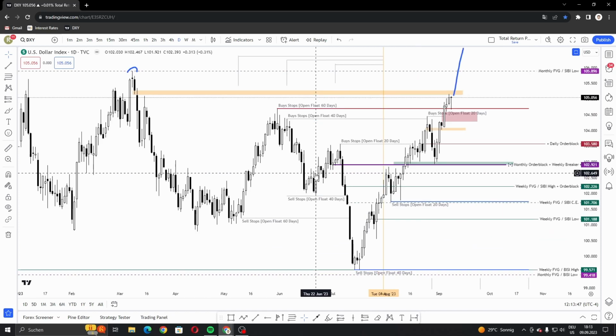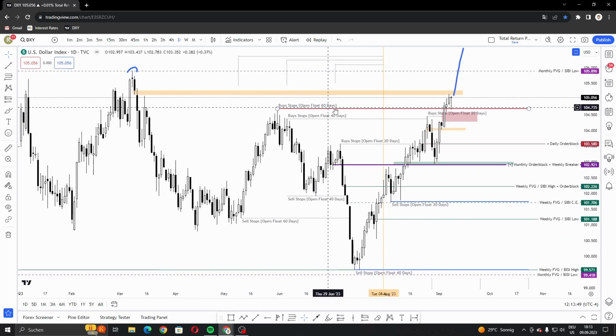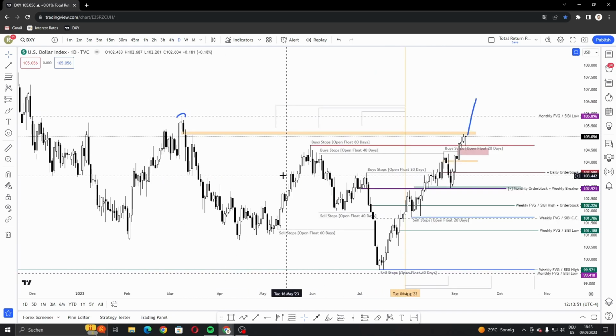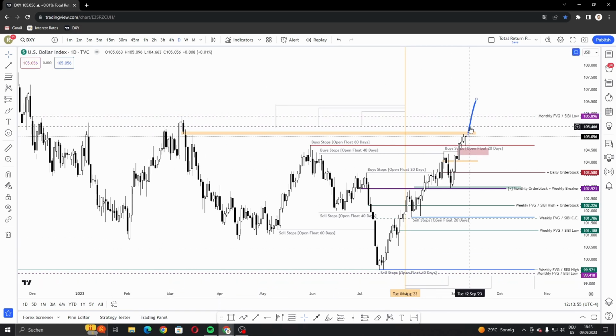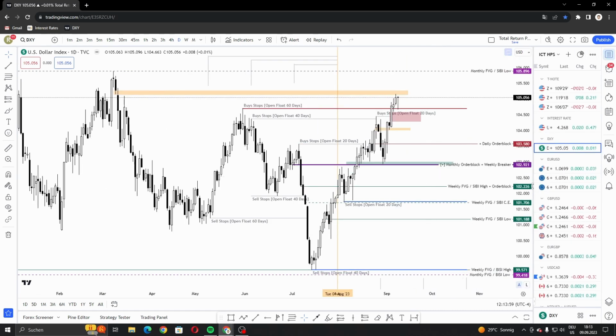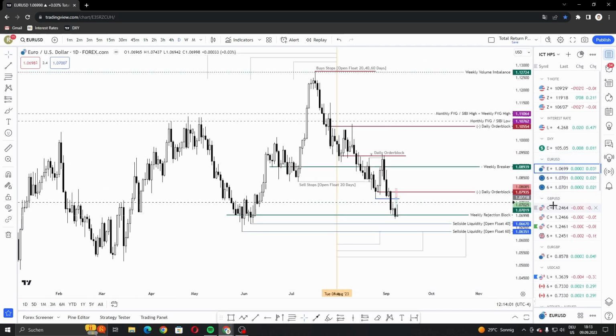We have taken all the buy stops of the open float, and this means we could see an aggressive expansion to the upside. But now let's also take a look at Euro GBP. I have it here.